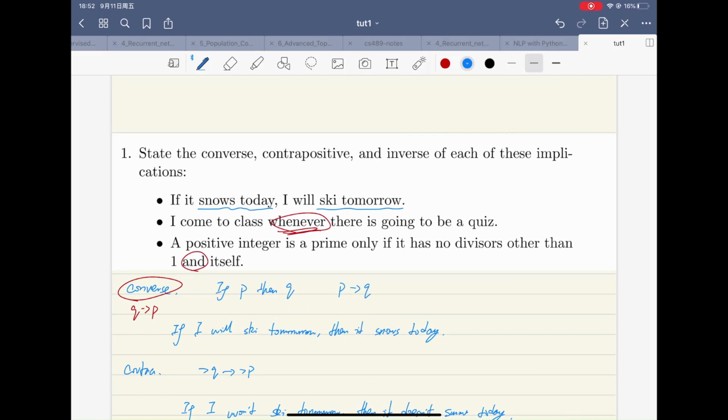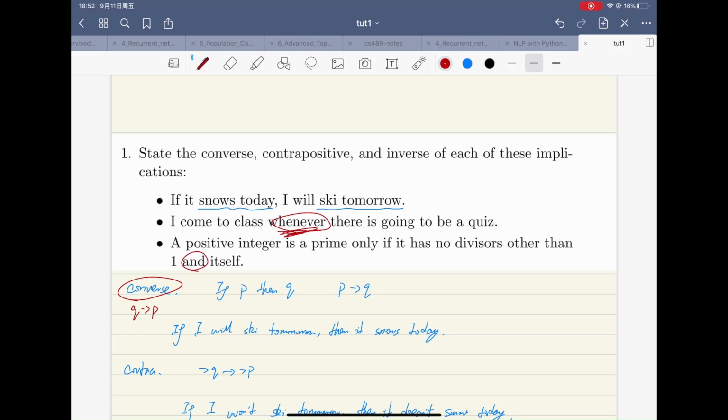Let's recall what I have said. When you are asked to write the converse, contrapositive, or inverse of any implication, you need to simplify the statement like this, using the if-then clause, and after that you find all the premises.